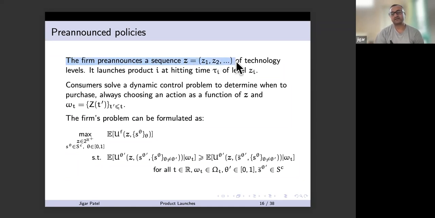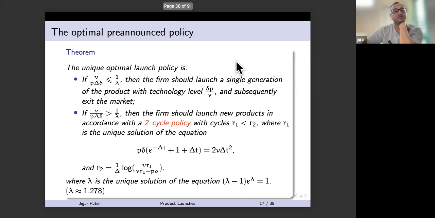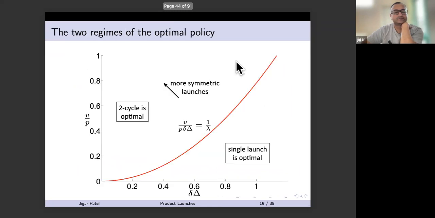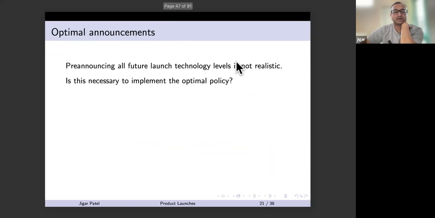So as a solution, in reality, the firm says, I'm going to launch my first product at technology level R1, then R1 plus R2, then R1 plus R2 plus R1, then R1 plus R2 plus R1 plus R2, right? But giving this infinite sequence of technology levels doesn't seem all that practical. So pre-announcing all future technology levels is not realistic.